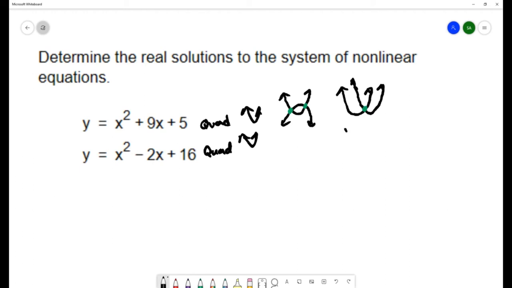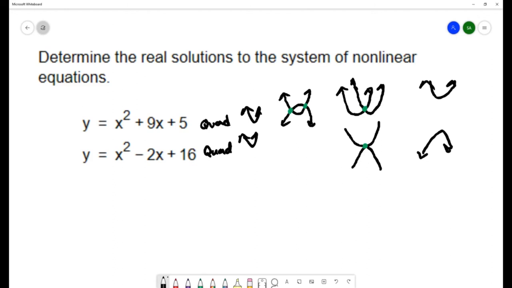Maybe another way for one solution would be something like this. One intersection point, or they could totally miss each other. So we could have two solutions, one solution, or no solution for this system.